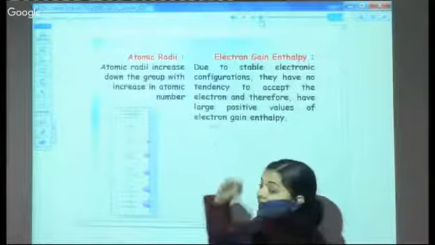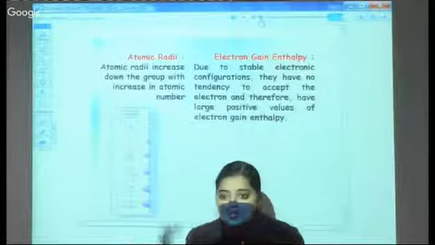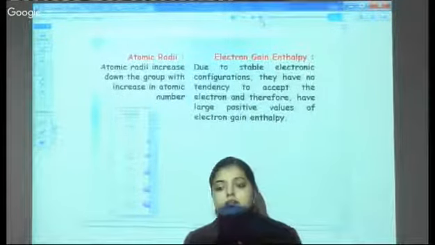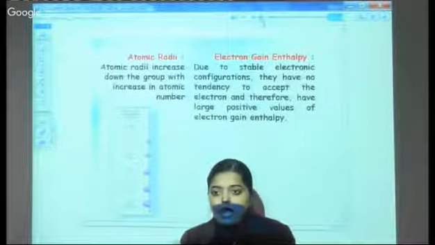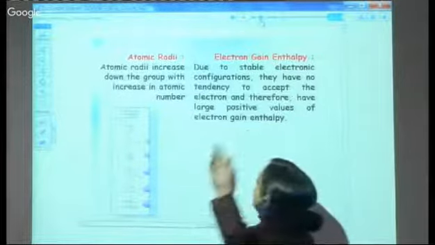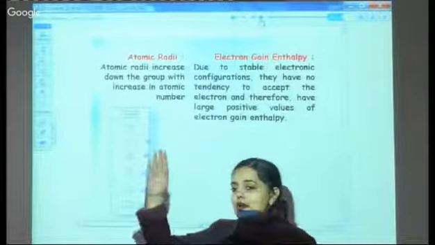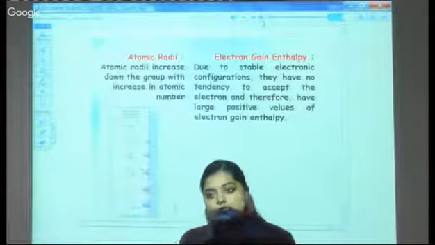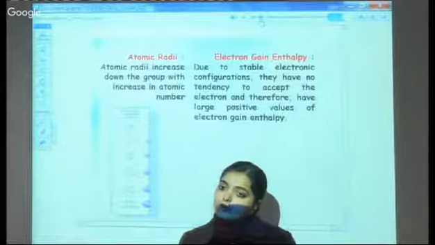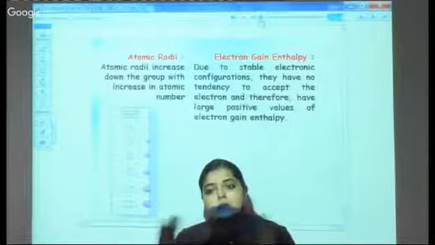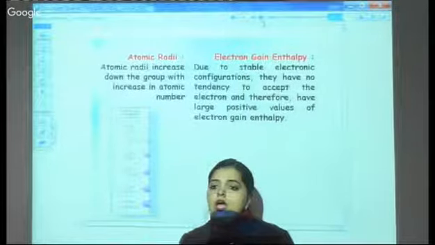In electron gain enthalpy, they do not allow taking up an electron also. Neither do they want an electron nor do they want to give one out. They are absolutely complete. So electron gain enthalpy is also very high for them. Right? So is the ionization energy. That's why they are complete in their own species and they do not react.